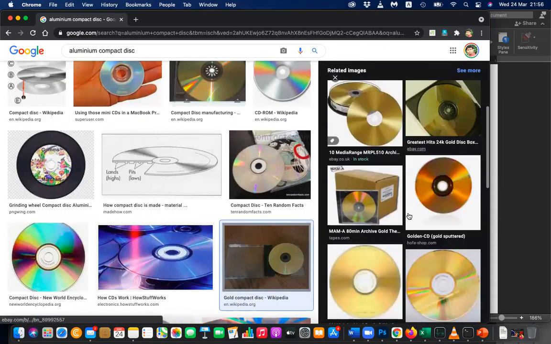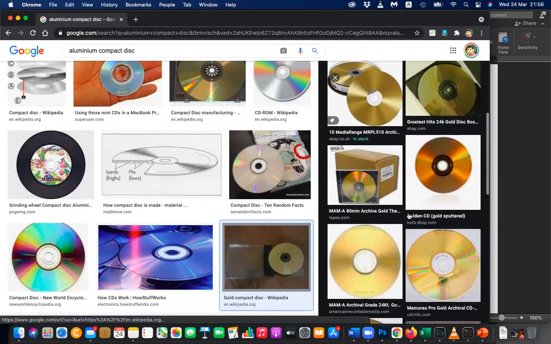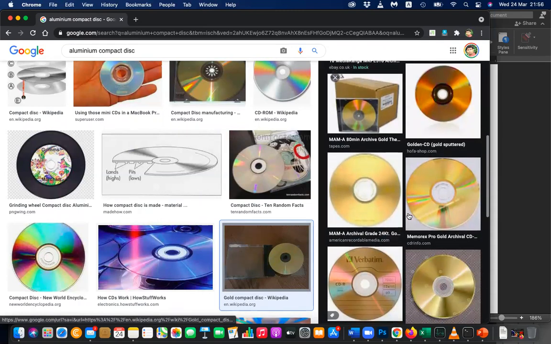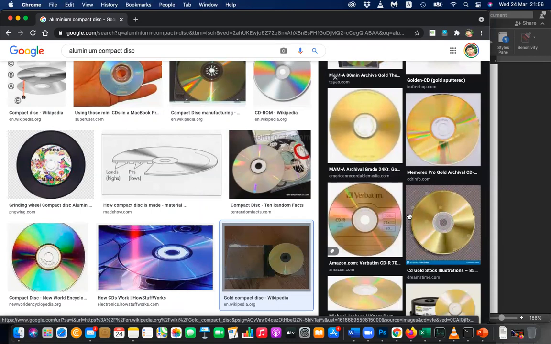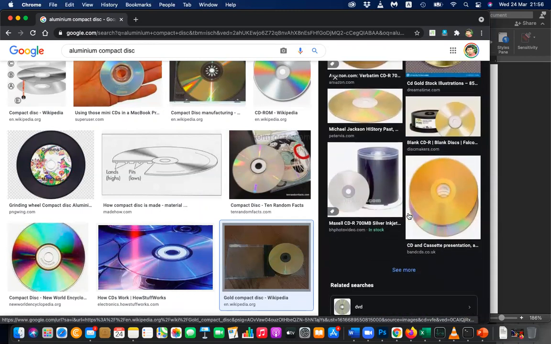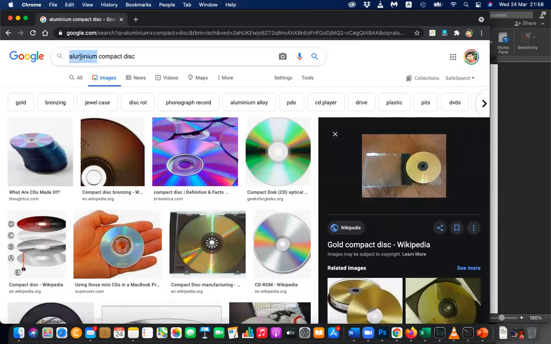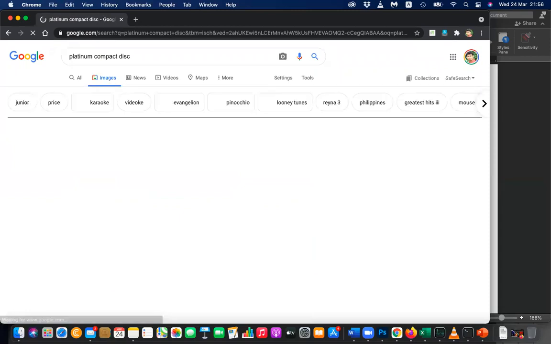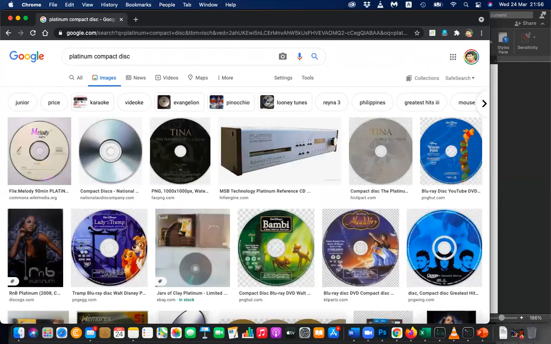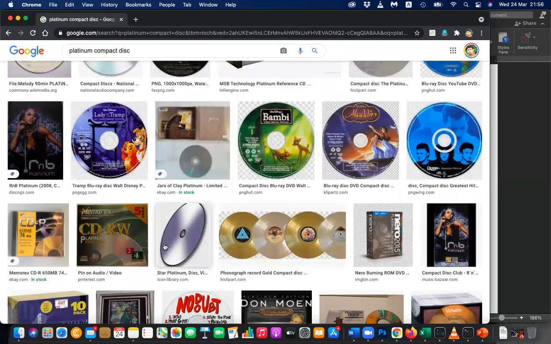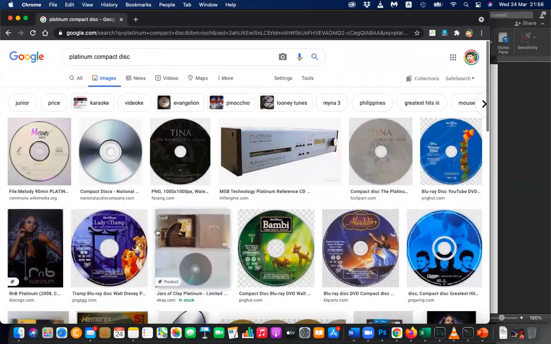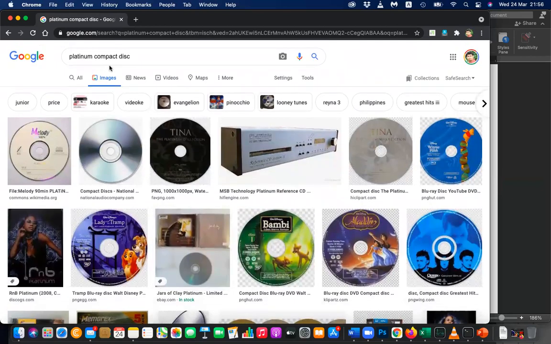This is gold plated, but it's rare and costly. But it is more reliable than the aluminum one. In addition, you have the platinum one, which has a blue color. It has a blue color: platinum, gold, aluminum.